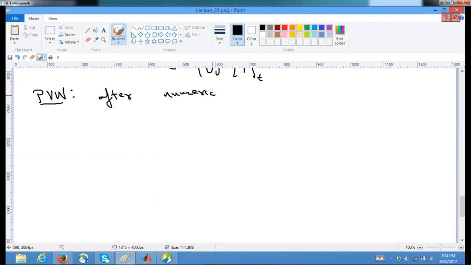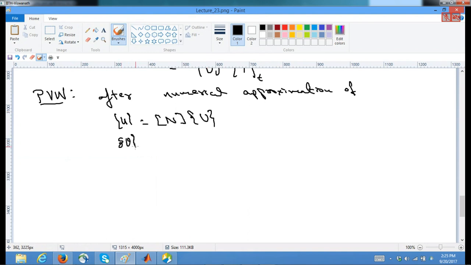So now I can write my principle of virtual work after numerical approximation. u is equal to N times u, delta v is equal to N times u dash, or delta v transpose is equal to u dash transpose N transpose.